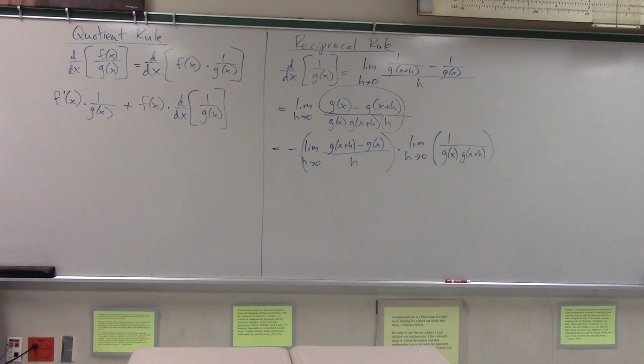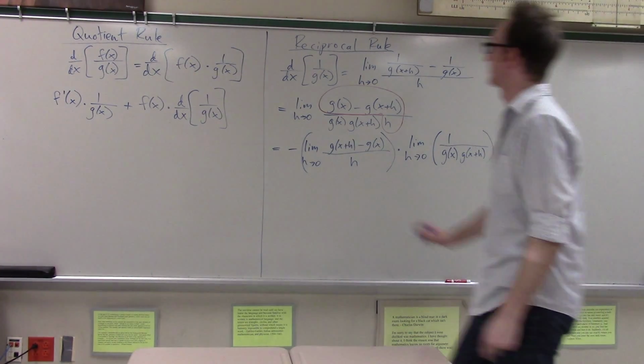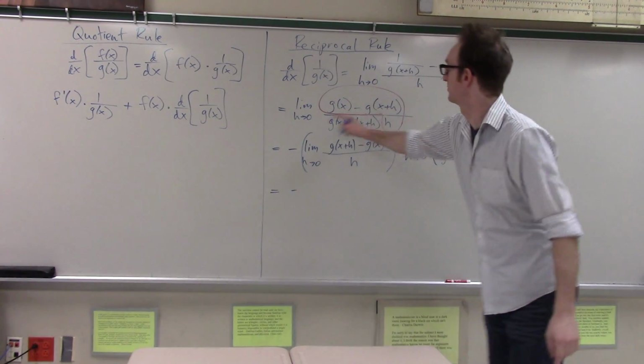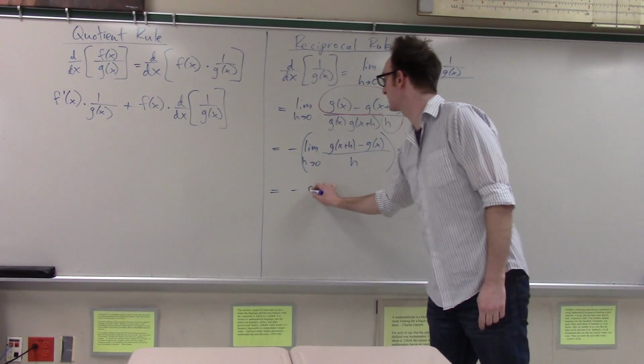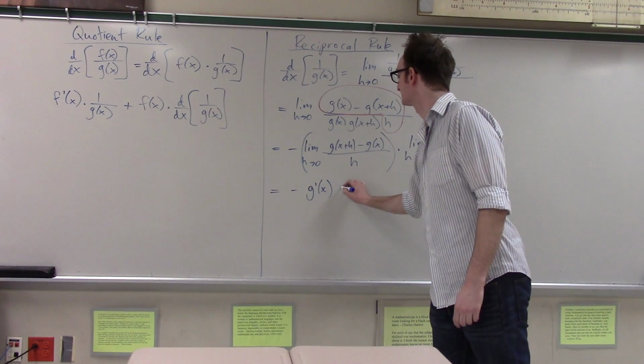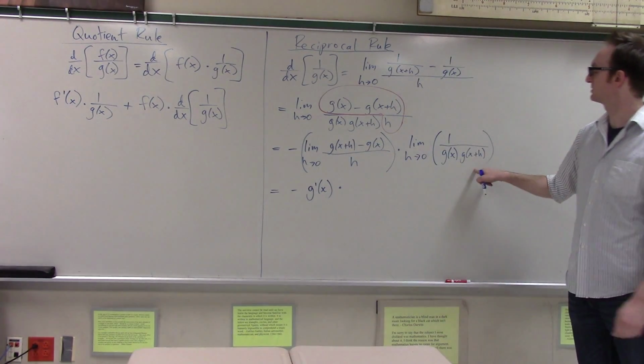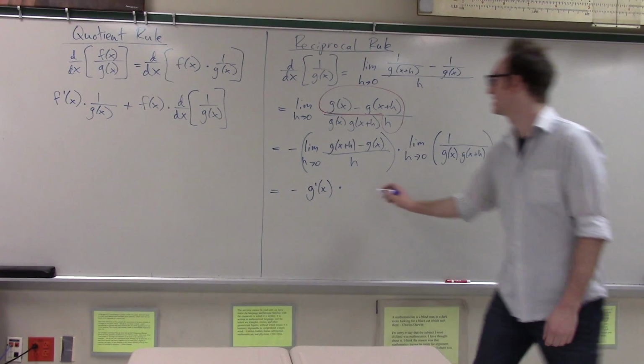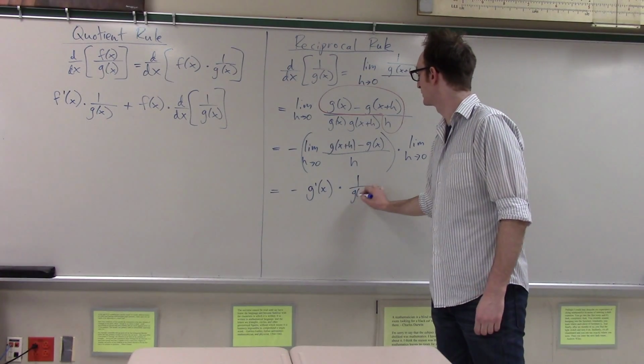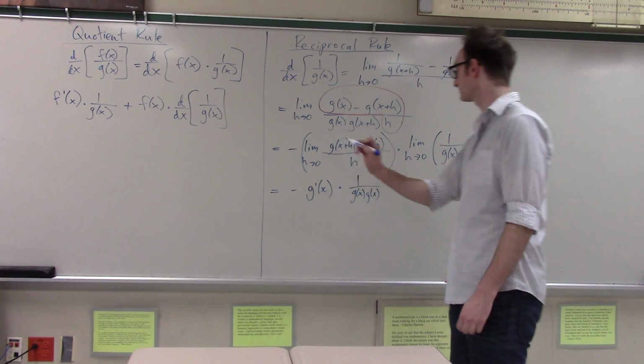And this is a totally legitimate move, provided both of these limits exist, and they do. Because this is, by the definition of the derivative, just g prime. And this, as h goes to 0, I just get 2 copies of g. So this is times 1 over g of x, g of x.